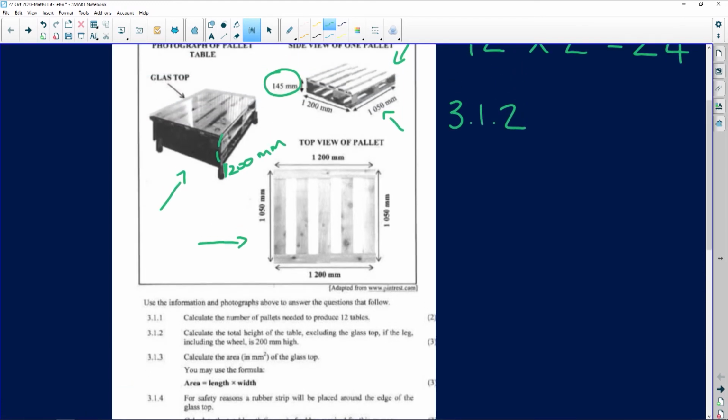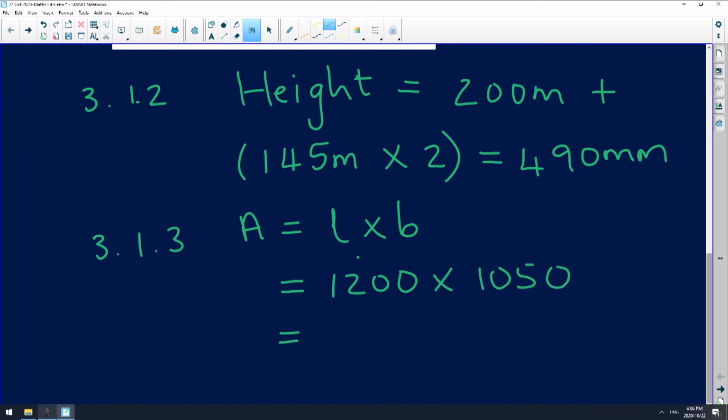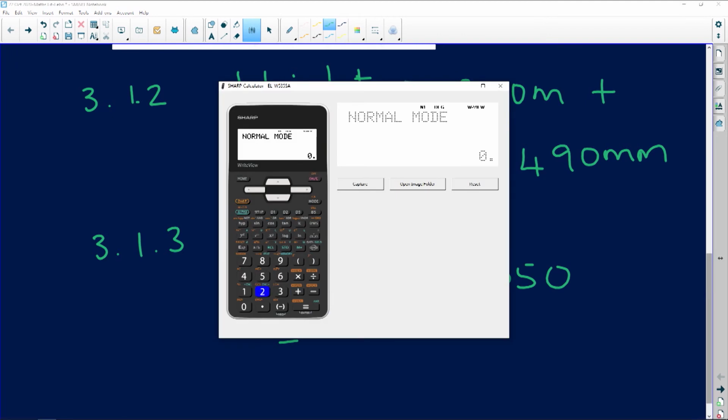This is going to be the breadth, the shorter side of the table, and this is going to be the length. So it's going to be 1,200 millimeters times 1,050, and everything is in millimeters, so we are not sweating in terms of this.